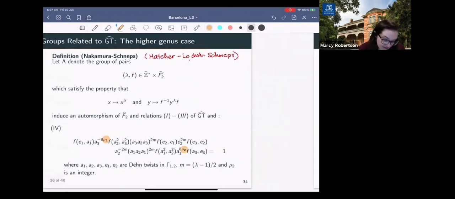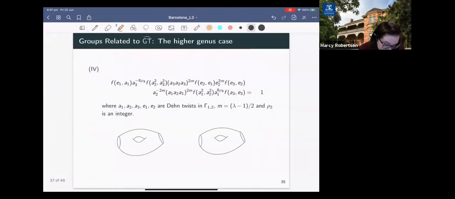And I'm not going to write out all of these things, but what are the types of diffeomorphisms that are happening here? One of them might be something like this one. We'll put it like that.